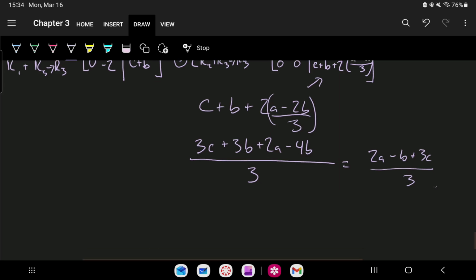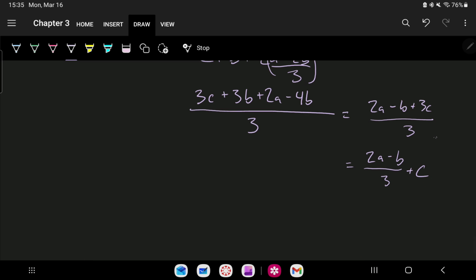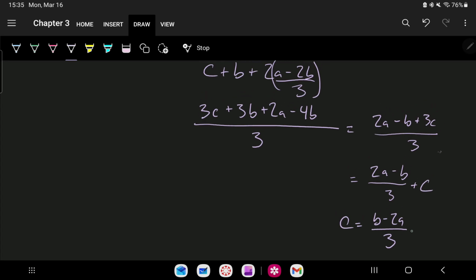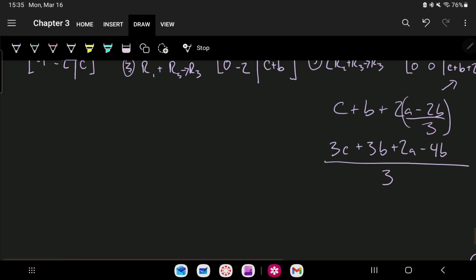In this case, since we have 3c over 3, we can easily pull that c to the other side. We don't want it to be negative though, so we can say that c is equal to b minus 2a over 3. So now we know that this needs to equal 0, and we are pretty much ready to write our span.